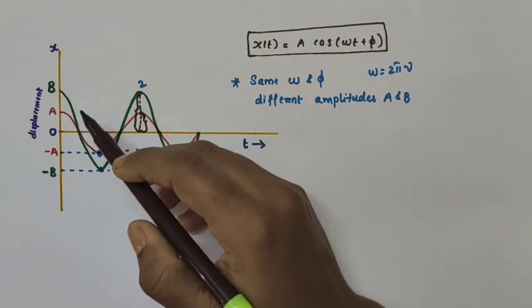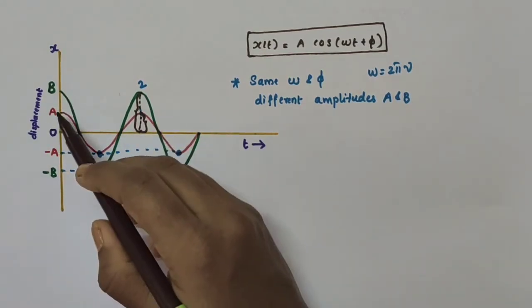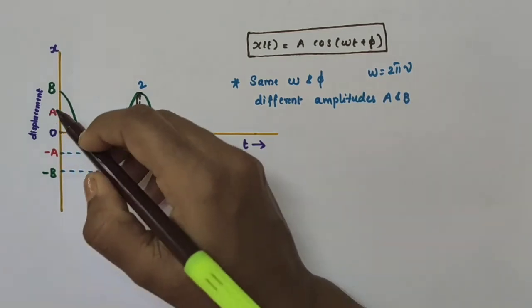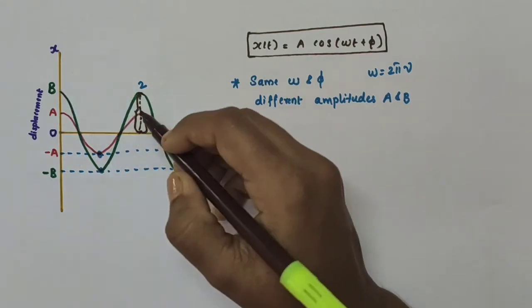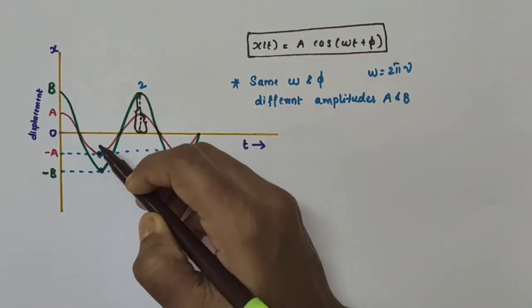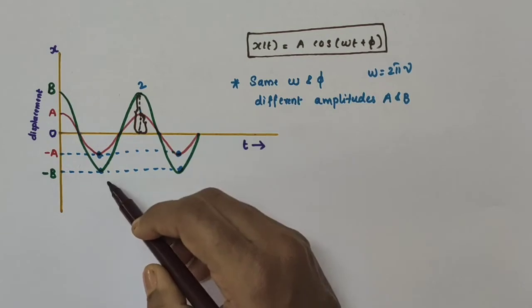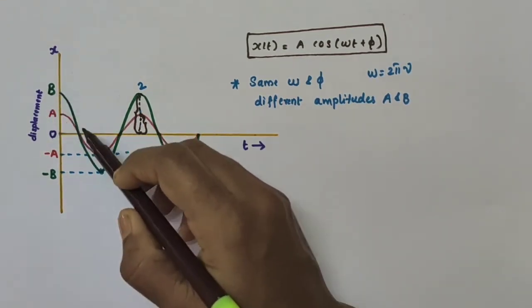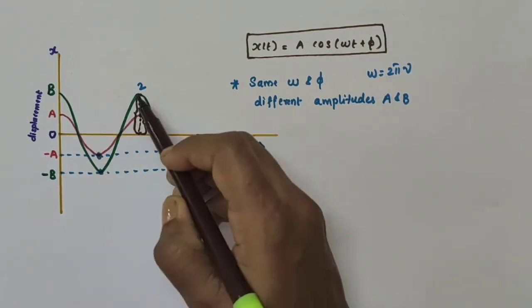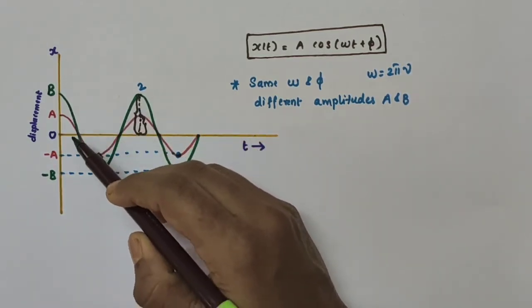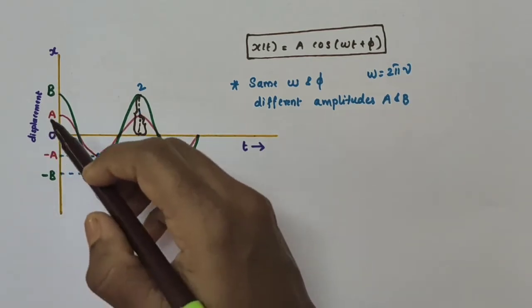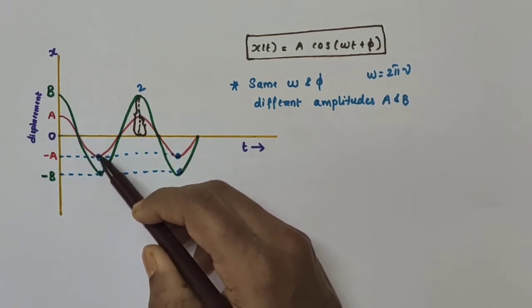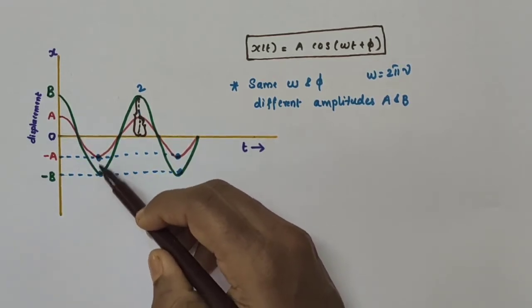Now see, both the waves. A is actually the amplitude of this red colored wave, then minus A is the displacement in the negative direction. Then B and minus B are the amplitudes of this green colored wave. Now you see, here both the waves start from their maximum amplitude value, no? Both the waves 1 and 2, this green colored one and this red colored one, reach their maximum displacement, 0 displacement and minimum negative displacement at the same time, no?